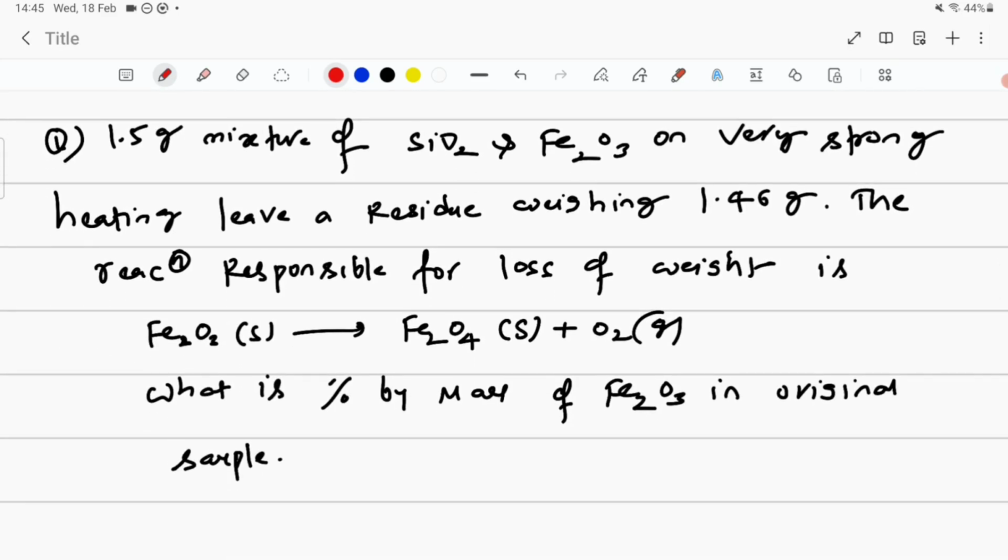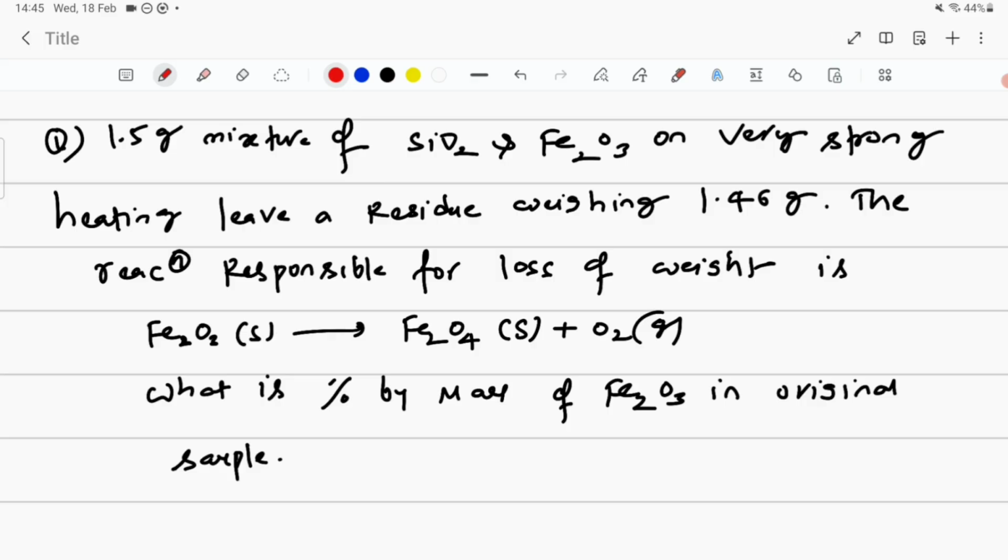1.5 grams of a mixture of SiO2 and Fe2O3 on very strong heating leaves a residue weighing 1.46 grams. The reaction responsible for the loss of weight is given. What is the percentage by mass of Fe2O3 in the original sample?